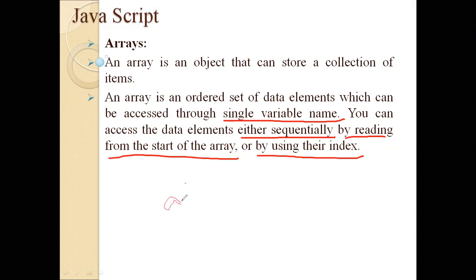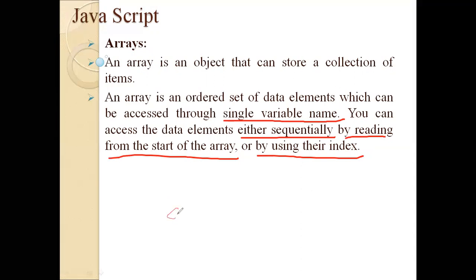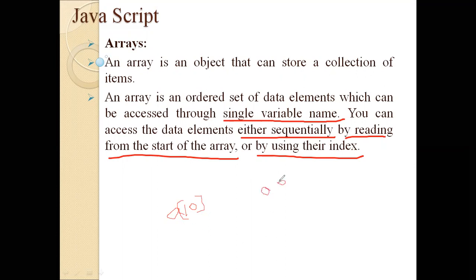For example, if a of 10 is an array, the indexes will be created from a of 0 to a of 9.